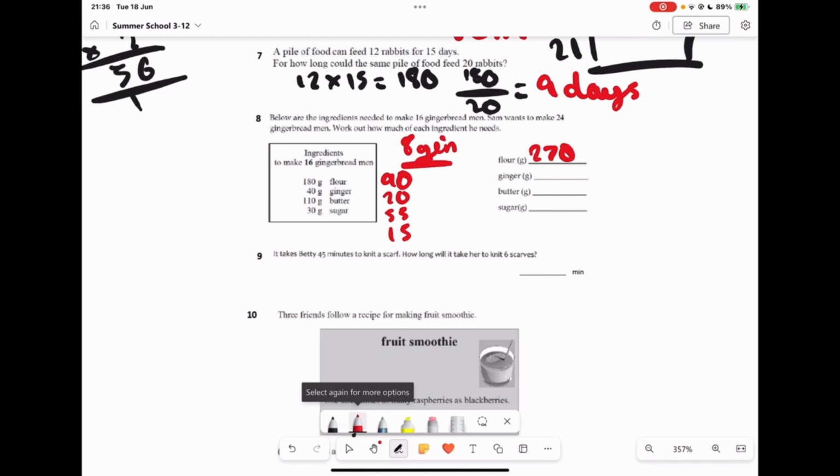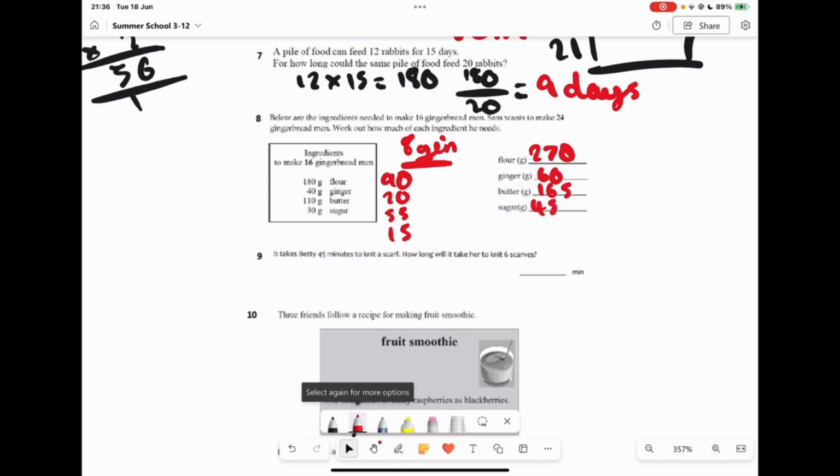For ginger, it will be 60. For butter, it will be 165. Yep. And for sugar, it will be 45.